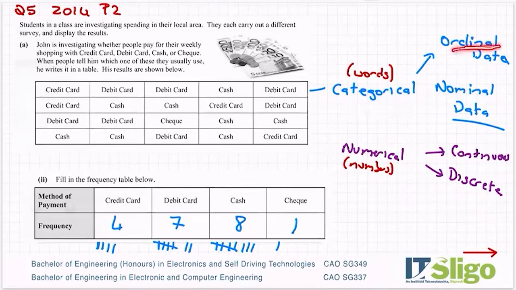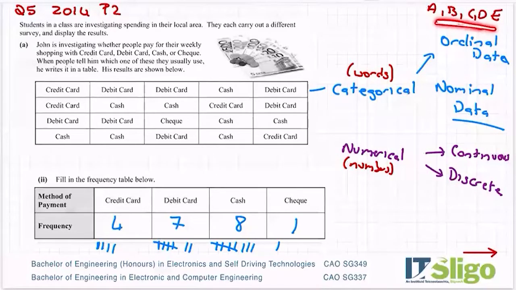Categorical ordinal data has an order. So for example, if I asked you how you did in a test, and you answered A, B, C, D, or E, I immediately know who did the best, because there's a specific order to those letters in the context of a test. The A's did better than the B's. The C's did better than the E's.